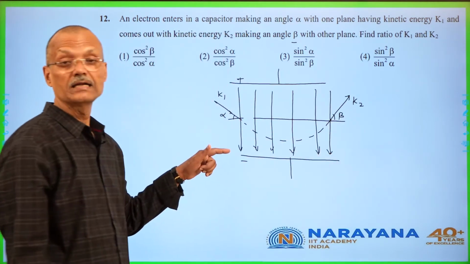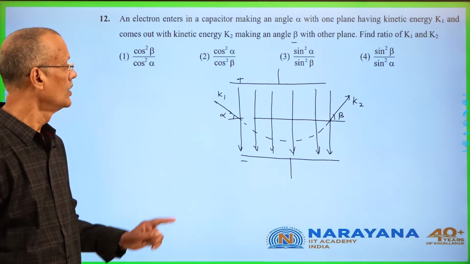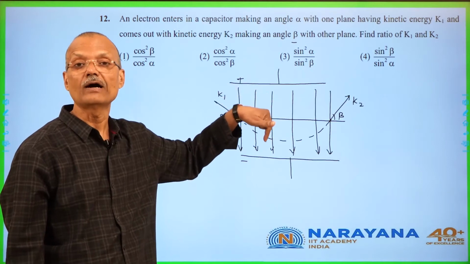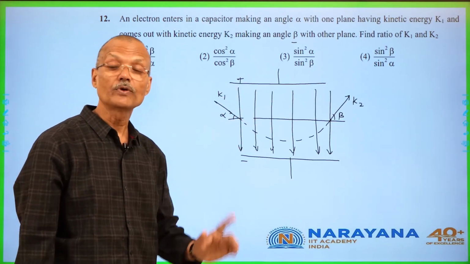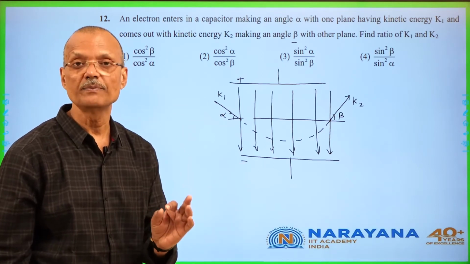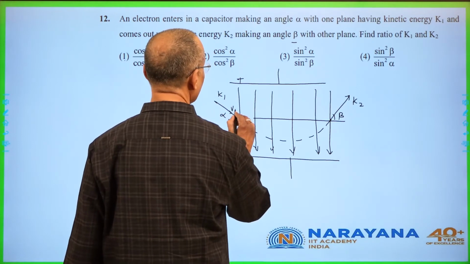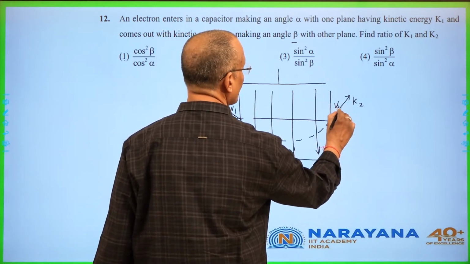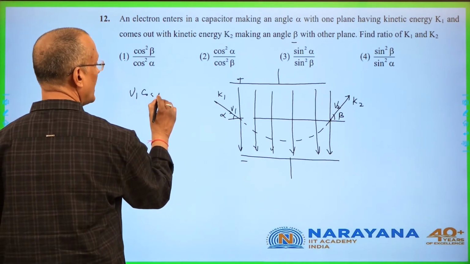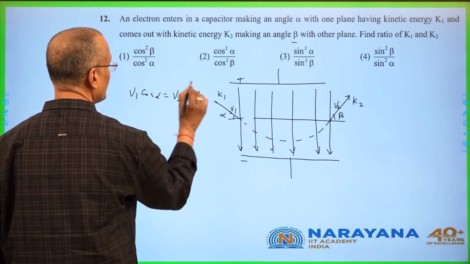You can see that in the horizontal direction no force is acting. Whatever force acts, it will act in the vertically downward direction. So the component of velocity in the horizontal direction will always remain constant. If I take V1 here and velocity V2 there, then V1 cos alpha must be equal to V2 cos beta.